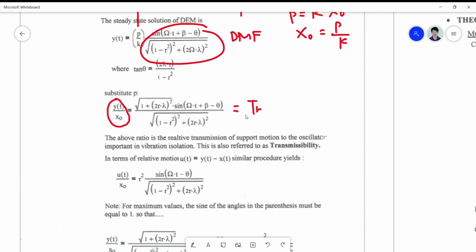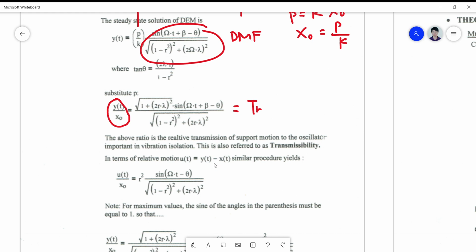For transmissibility issues, you term this as transmissibility. For deflection or response computation, you call this the magnification factor. Of course, if transmissibility is big, your magnification is big; if your transmissibility is low, your magnification is low, and vice versa.